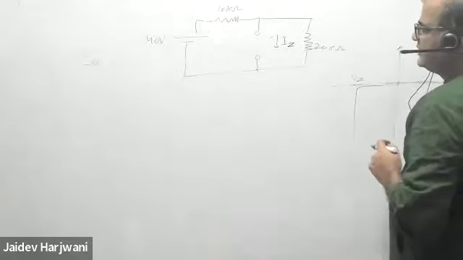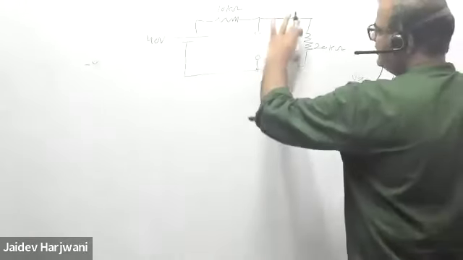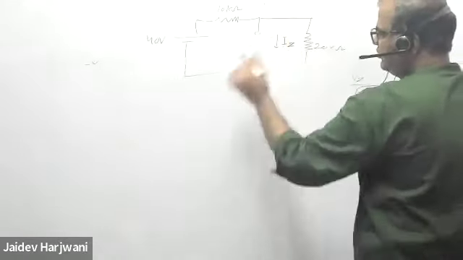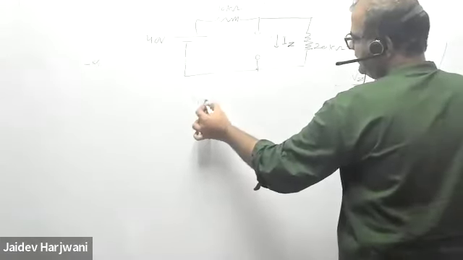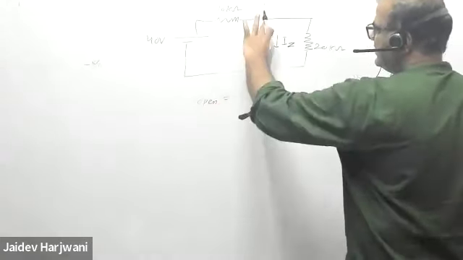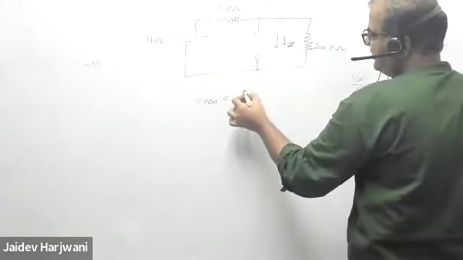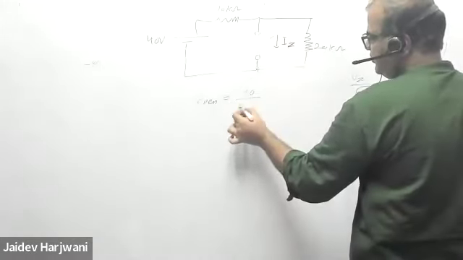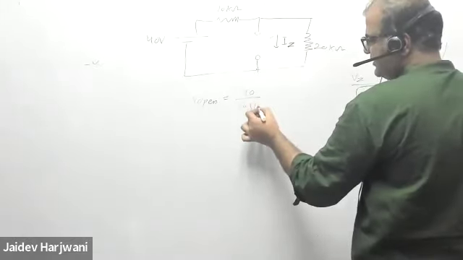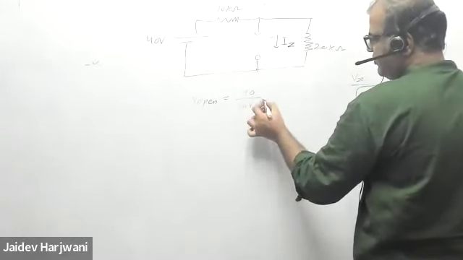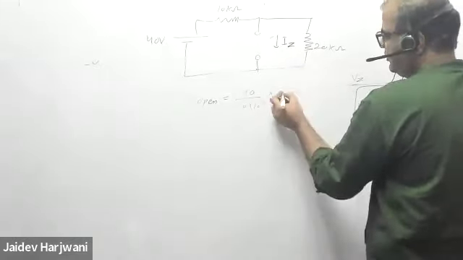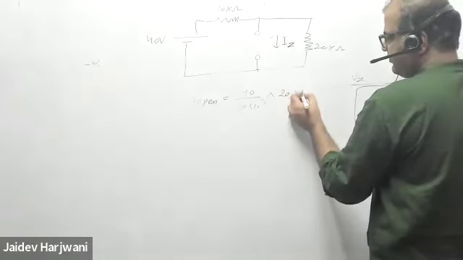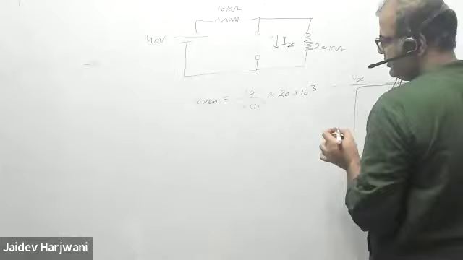So tell me, what is V open? V open means across this 20 kilo ohm. So 40 volt is the total voltage, and the total resistance is 30 kilo ohm. This gives me the current, and I want the voltage across this 20 kilo ohm. How much is it?